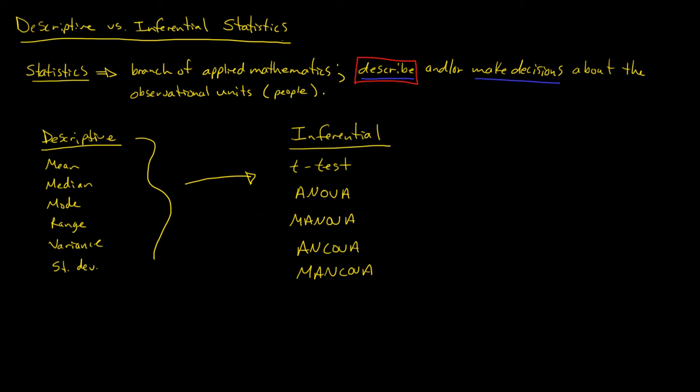Whereas the descriptive list over here is meant to simply describe our data, over here what we're trying to do is make inferences about sample data.